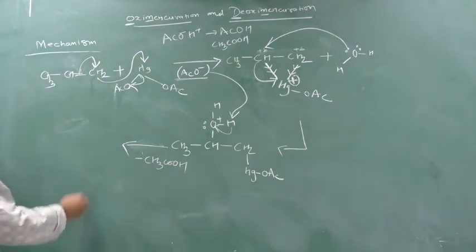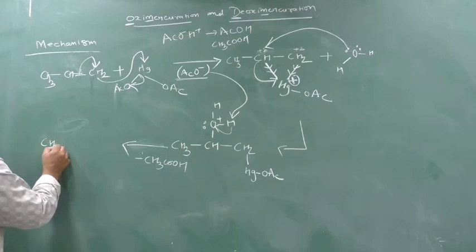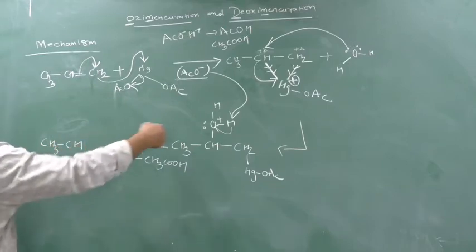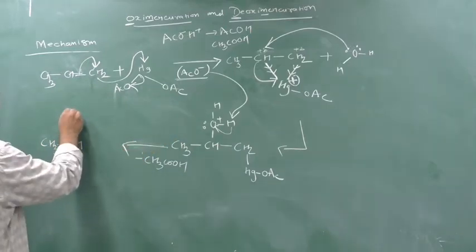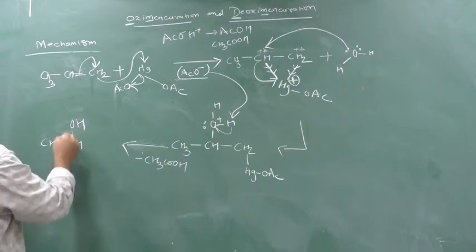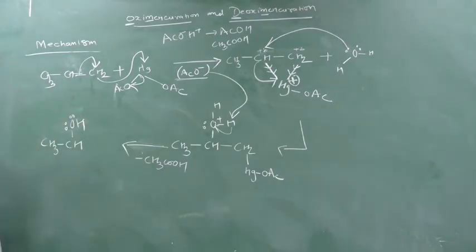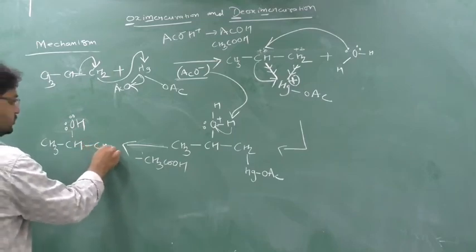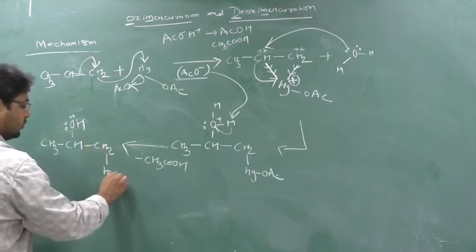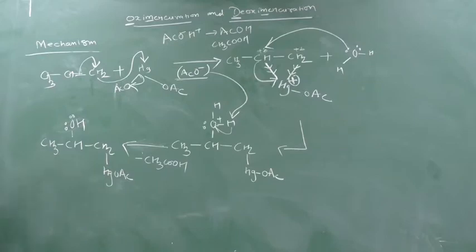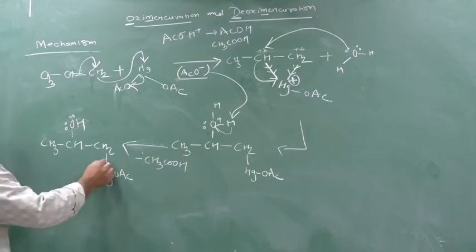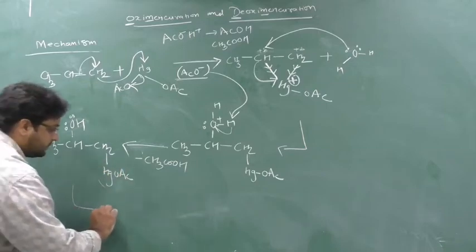And what you will get is CH3, CH, H is removed, now only OH will be there. There was one lone pair and the hydrogen is removed, so giving one lone pair here. So OH, here CH2 and here HgOAc. Clear this part? So this will be formed. Now what do we have to remove? We have to remove this HgOAc. Then who will help? Simple.